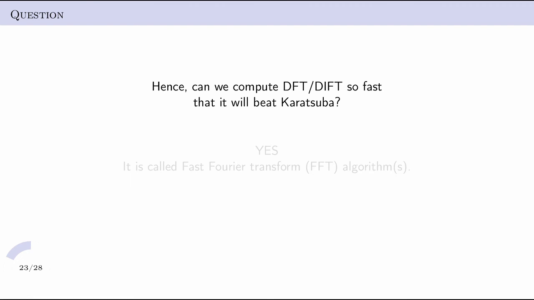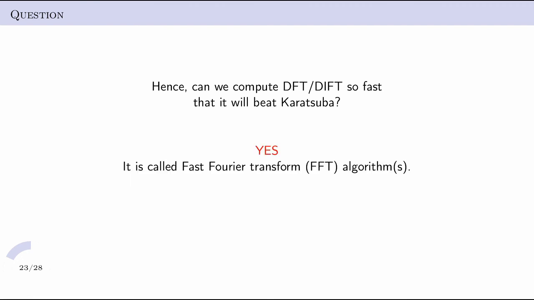It was faster than the long multiplication n square. So the question is, can we beat n to the power 1.6? Can we compute the Fourier transform in such a rapid manner that the resulting algorithm will be faster than Karatsuba?